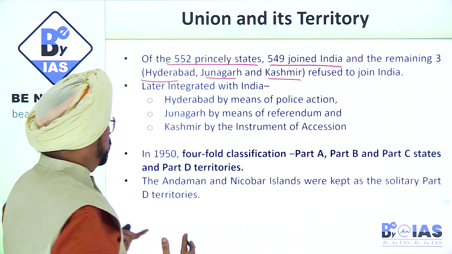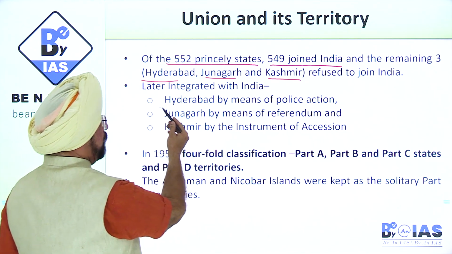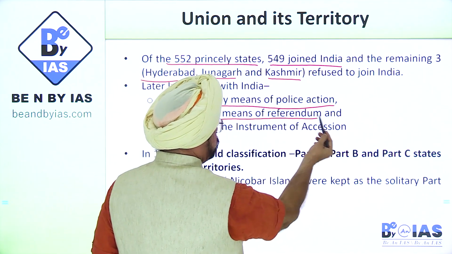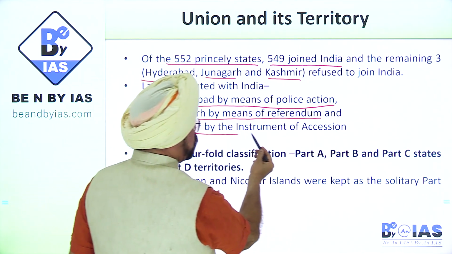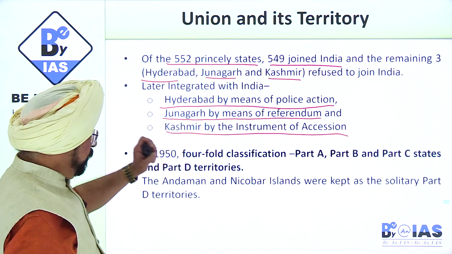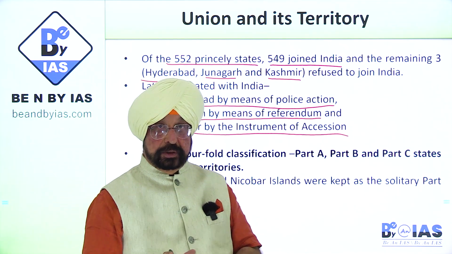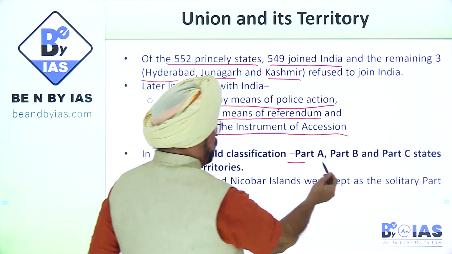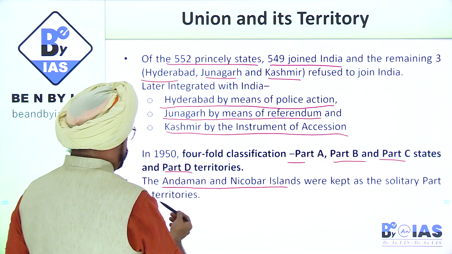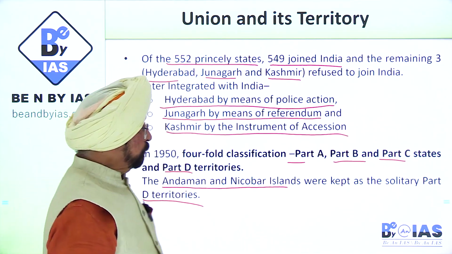So how they ultimately got integrated into India was Hyderabad by means of a police action, Junagadh by means of a referendum, and Kashmir by instrument of accession. Okay. In 1950, they had 4 classifications of the states: Part A, Part B, Part C, and Part D. Andaman Nicobar was kept as the solitary Part D territory. This was later on abolished. We will see how.